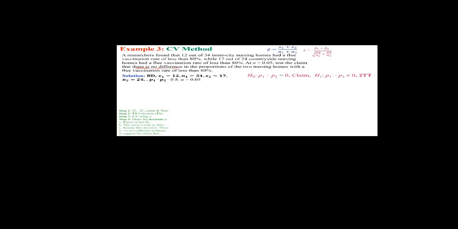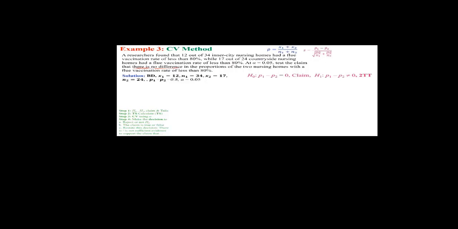Let's see what happens now. We do a calculation. To do the calculation for test statistic, take a look at the top, Z. And we have to calculate P bar, which means we need a couple of things. For the numerator, we need P1 hat and P2 hat, so X sub 1 over N sub 1, X sub 2 over N sub 2.